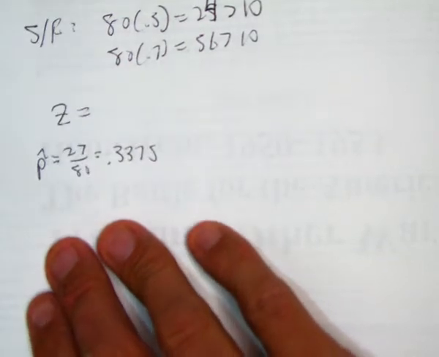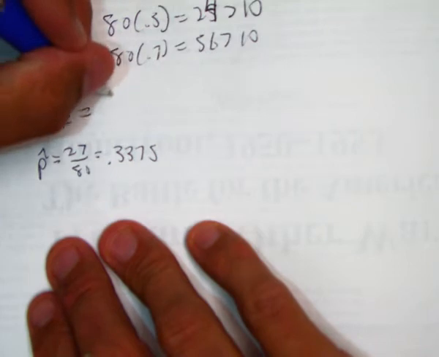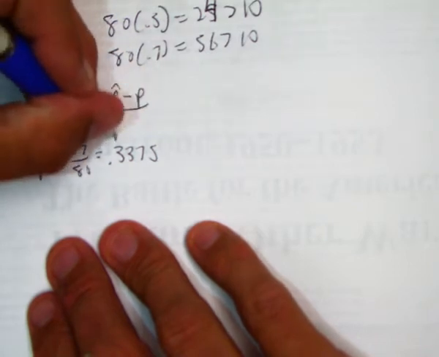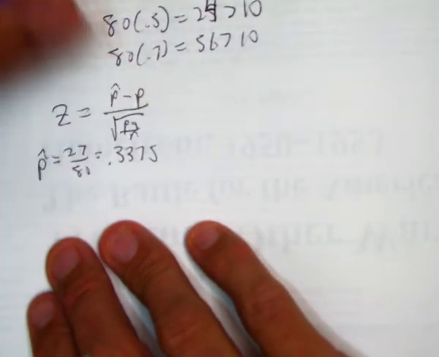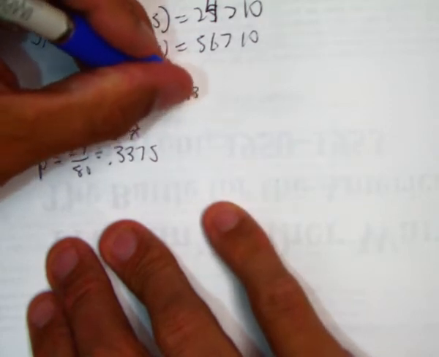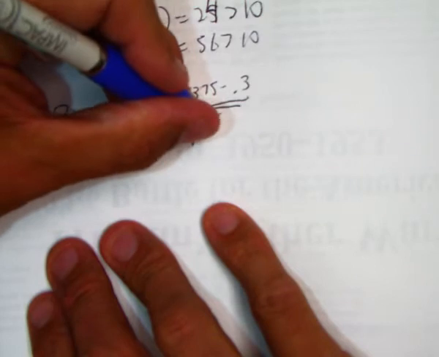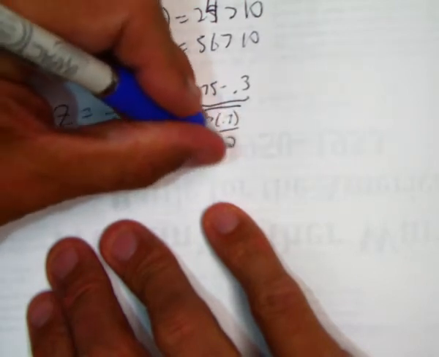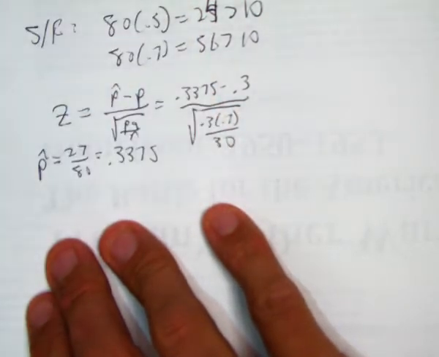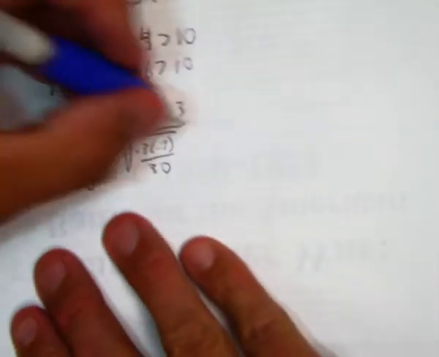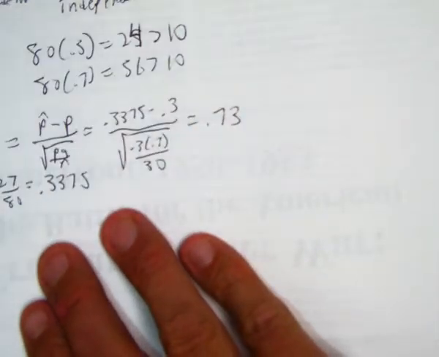So that's his probability of success based on our sample. So z is p hat minus p over the square root of pq over n. So 0.3375 minus 0.3 over the square root of pq over n. Okay? And if you do that, you get 0.73. So that's our z, it's 0.73.